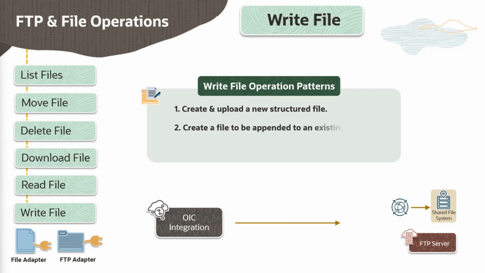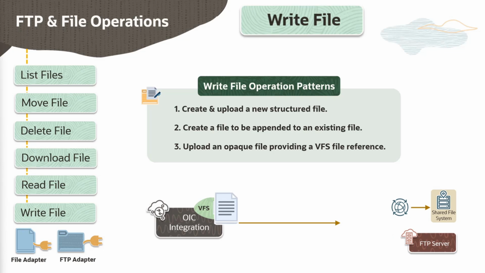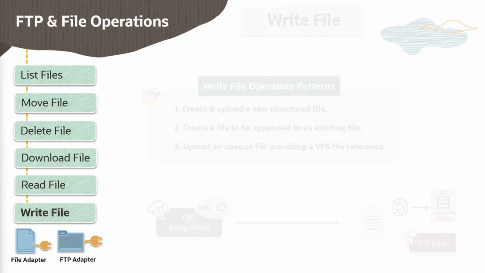Now, alternatively, you can create a structured file, but then append those file contents to an existing file already in that remote file system. However, this is only possible for CSV type files. The third use case is when you need to upload an existing file in the integration's virtual file system over to the remote file system by providing the file reference.